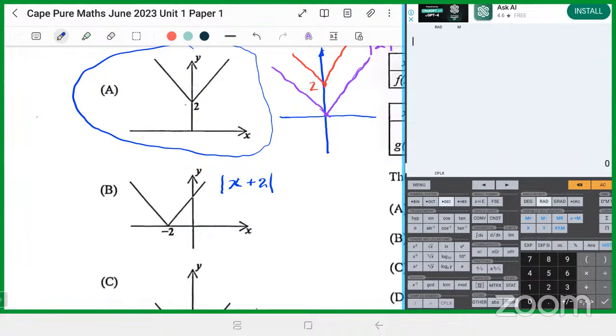Because if you notice, when x equals minus 2, you're getting 0, and when x equals 0, right here, you get 2. That's what that would be. Because you have the modulus of x this way, and with the plus 2, you move it 2 units to the left. So that is that graph.